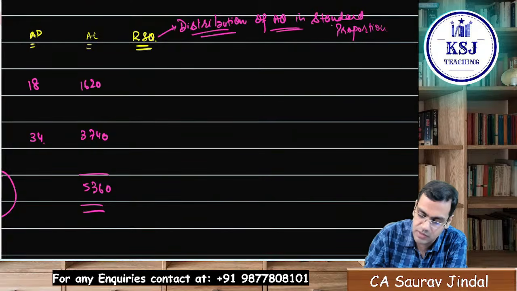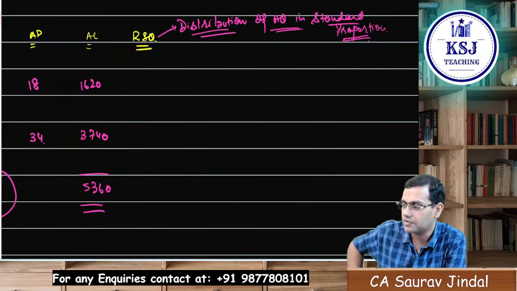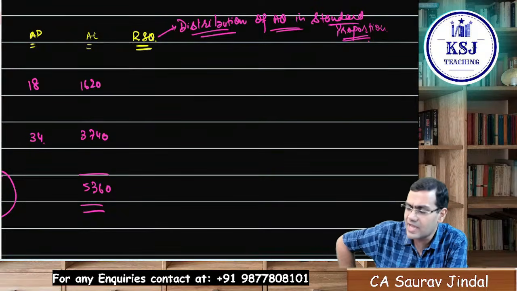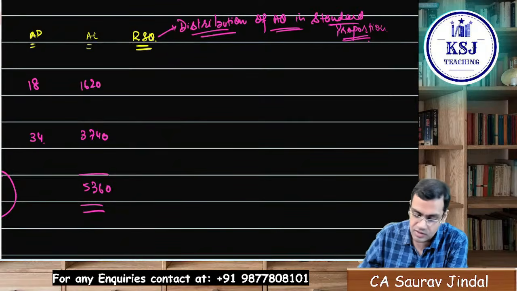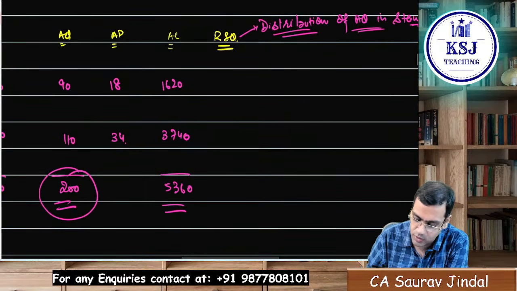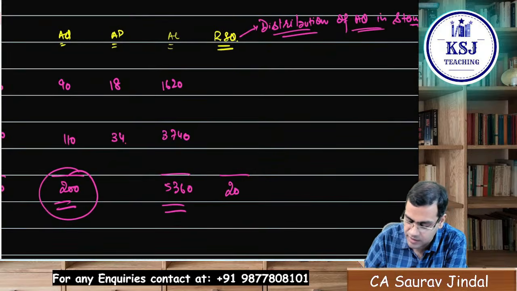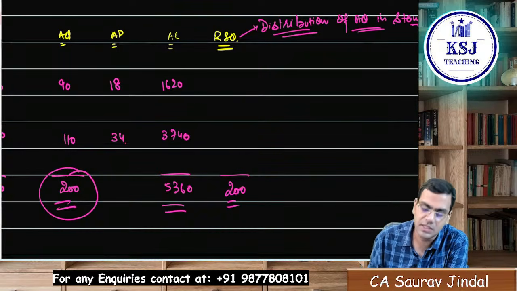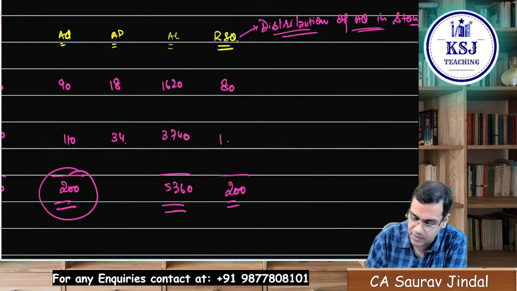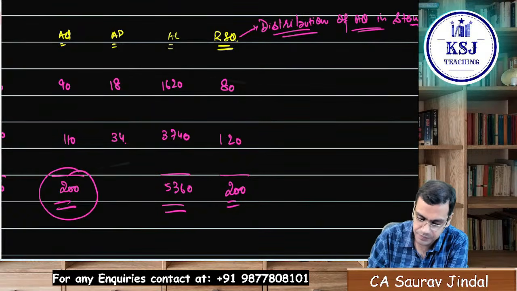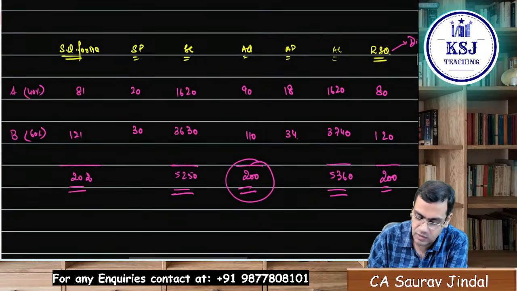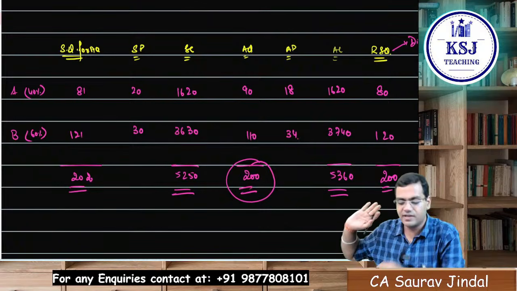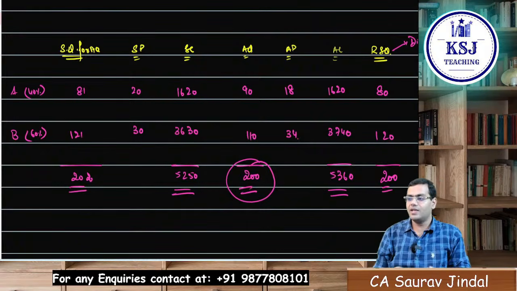This is the role of Lalaji here. Yes, actually this tabular form makes it very easy. So the actual quantity 200 is distributed in the ratio of 40:60, sir, right? So that will be 80 and 120. Now you can calculate all the variances. Whatever variances are required, you can calculate each and everything.